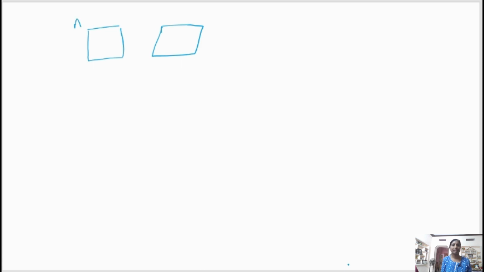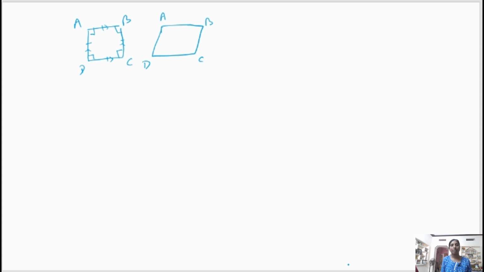Here ABCD is a square, and here ABCD is a rhombus. In the square all the sides are equal and opposite sides are parallel. It is clear. And each angle is 90 degrees. I hope it is also clear.